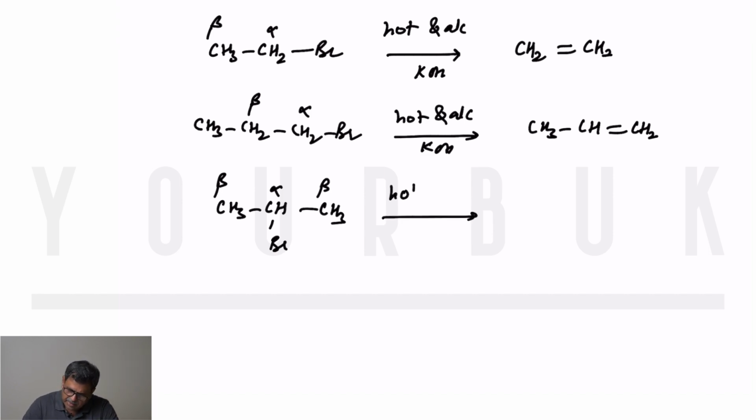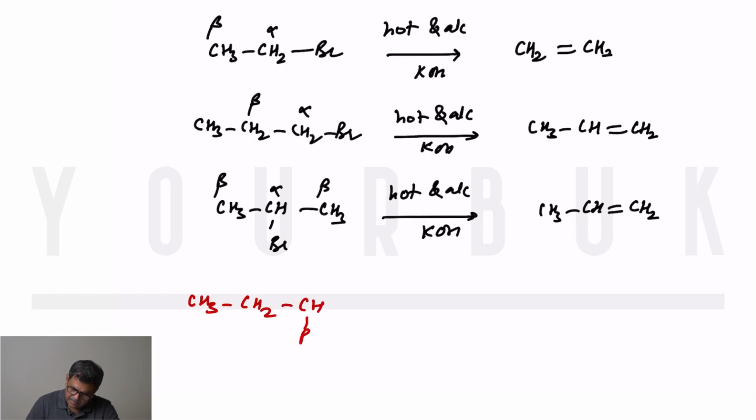Again we are writing hot and alcoholic KOH, and again one and only one alkene is formed, and this is propene. Now the next example is this, CH3CH2CHBrCH3. In this case there are two different beta carbons present, so we differentiate them by writing beta and beta dash. This is 2-bromobutane.